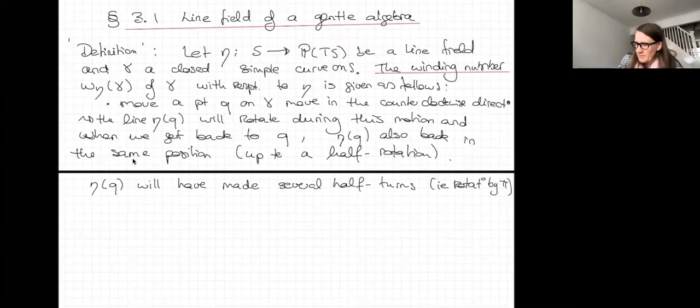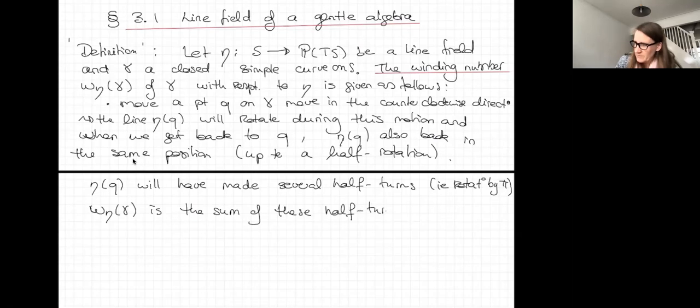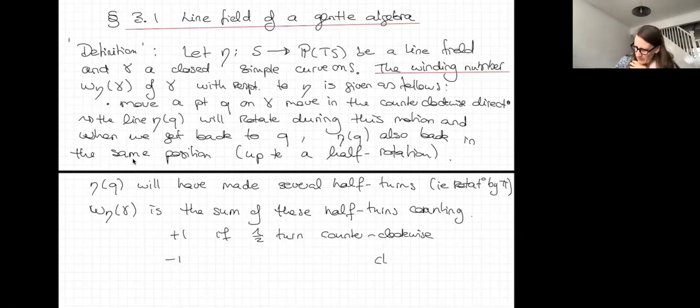And the winding number of gamma with respect to the line field eta is the sum of these half turns, counting +1 if the half turn is in the counterclockwise direction and -1 if the half turn is clockwise.